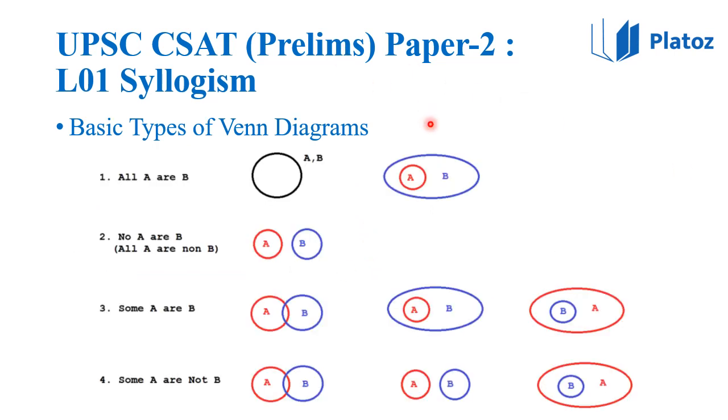So these four are the basic type of Venn diagrams which you get in syllogisms. These are the four statements, and using these four statements and the Venn diagrams given here, you can solve all the problems. So it is nothing very complicated or involved. Whatever is in statement form, you are representing it in a diagrammatic form, in a Venn diagram form.